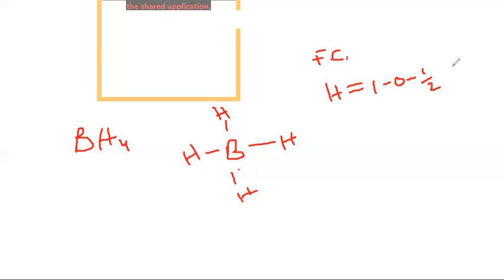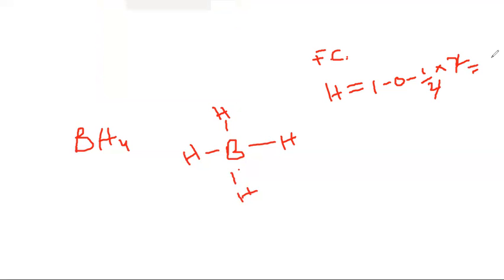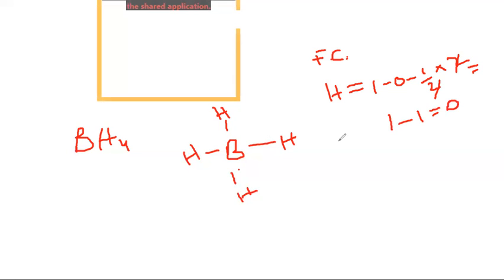There is one bond, so the electrons would be 2. So 2 divided by 2 will be equal to 1, and 1 minus 1 will be equal to 0. So that means this hydrogen has 0 formal charge, and this is the same. This also has 0 formal charge, this also has 0 formal charge, and this also has 0 formal charge.